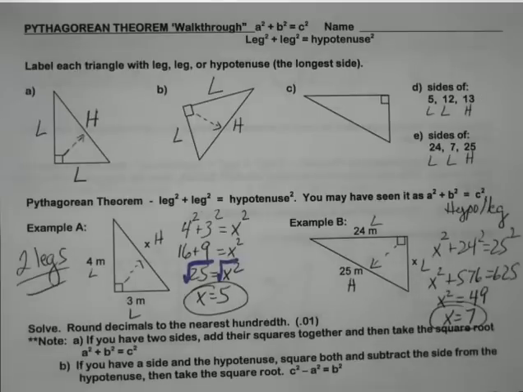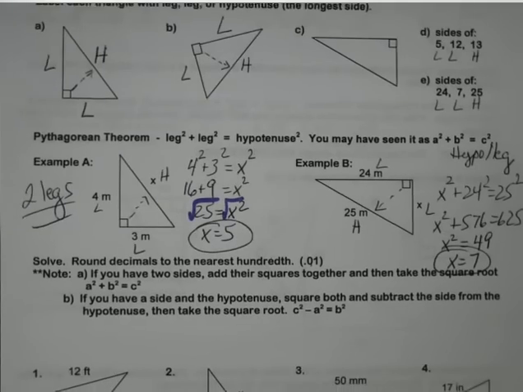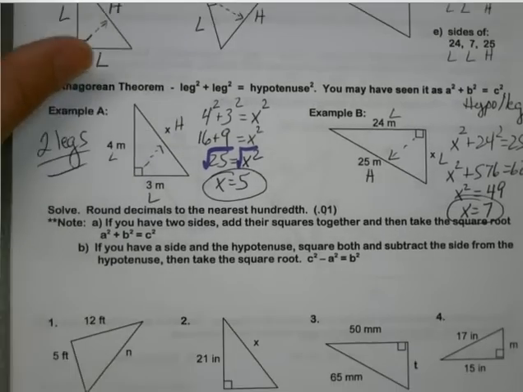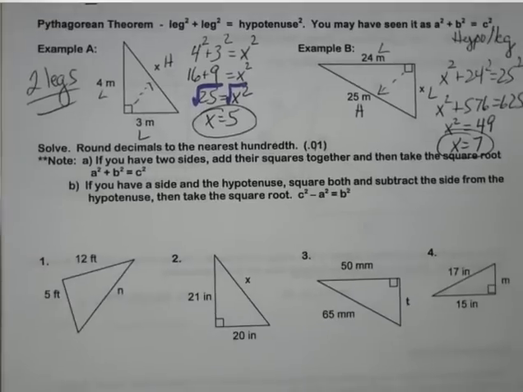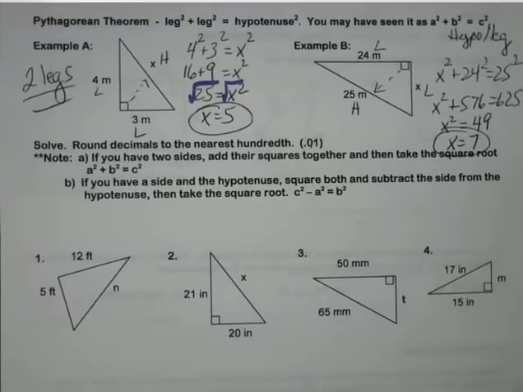And your answers won't always come out nice like this. Typically, we're going to go to the nearest tenth or the nearest hundredth, so you're going to want to read directions carefully to see which one you're supposed to be doing. But what we're going to take note of, and I'm going to move this up just so we can still see this as we're looking down here at the bottom.